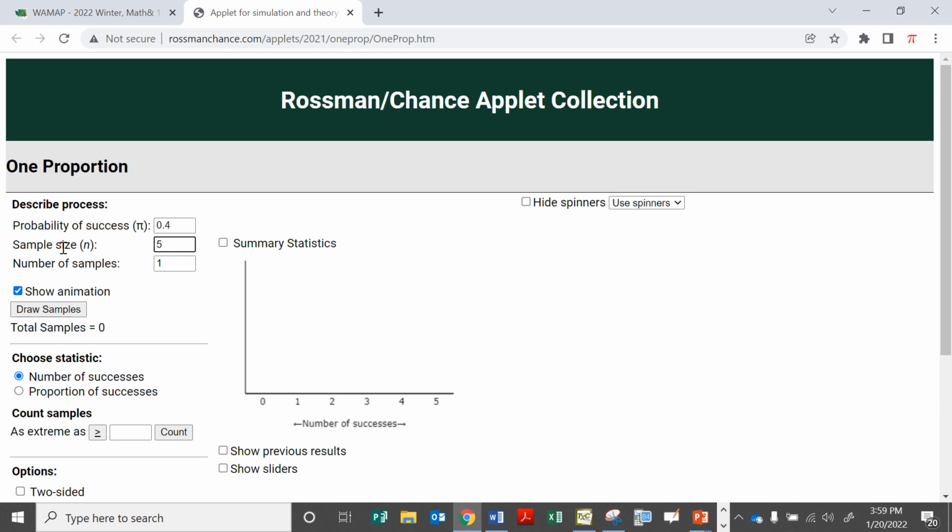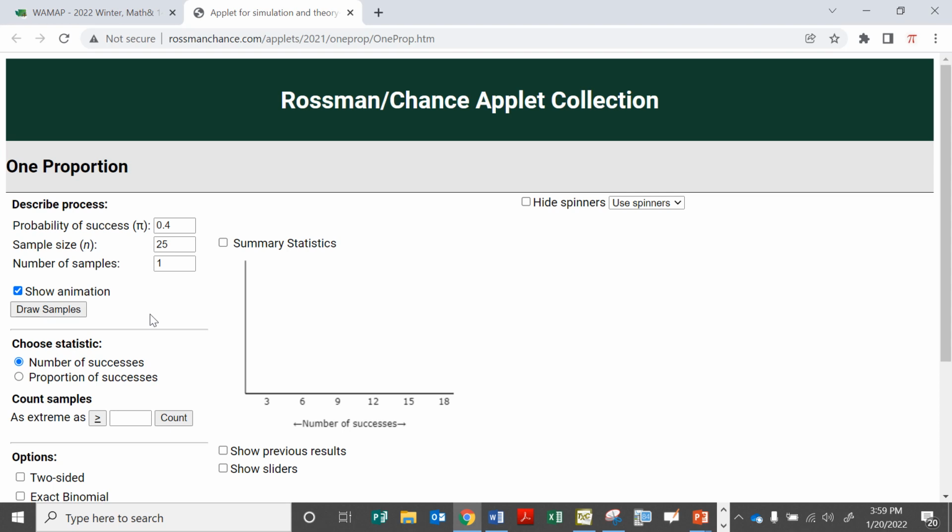I want my sample size to be 25 so that it matches up with this study. And the other thing I want to do is change the number of successes that I have here to proportion of successes. So this is going to keep track of the proportion of the time we get the spinner on the part that represents a woman being hired.